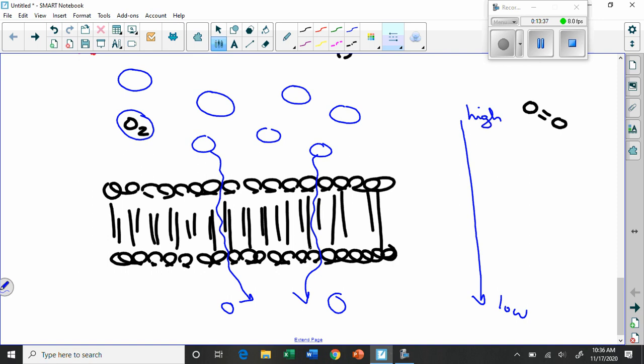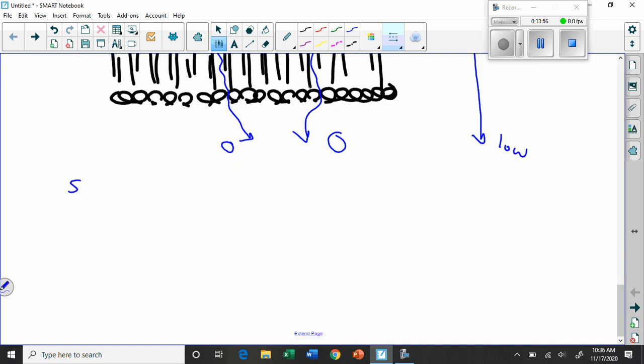So the first and easiest way to get things into a cell, or out for that matter, is by simple diffusion. If you have more stuff on one side and it can squeeze through the membrane, it will diffuse, follow the gradient, and find its way out. But it only works for little tiny molecules, or molecules that are soluble in fat.